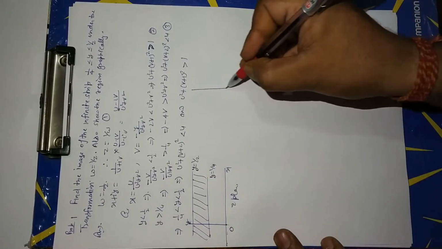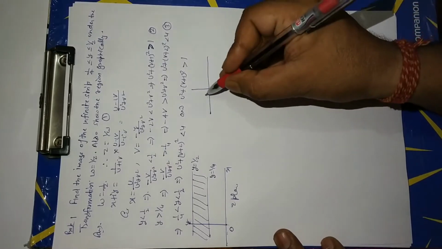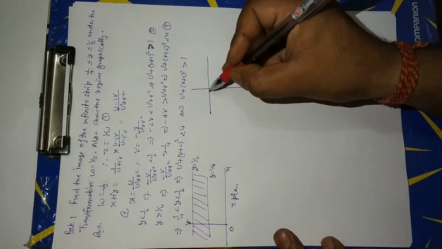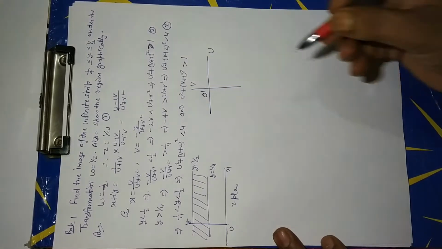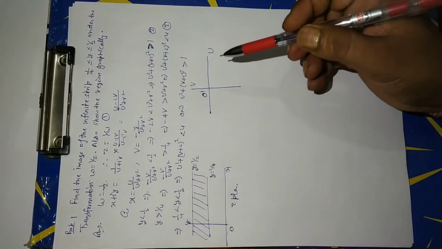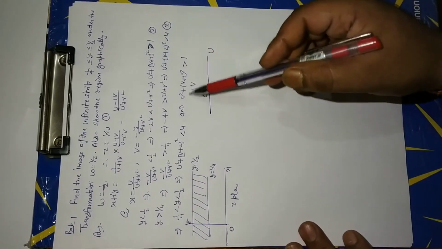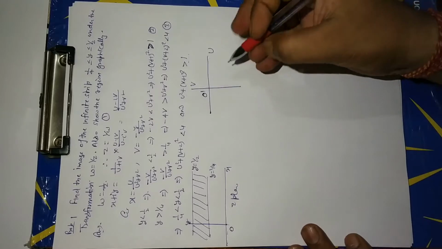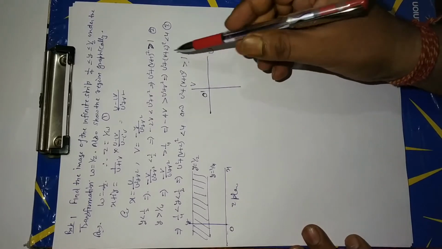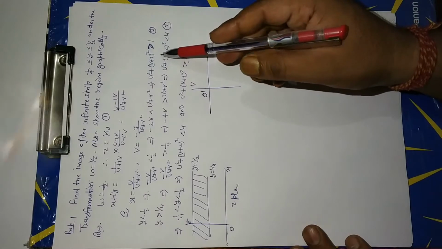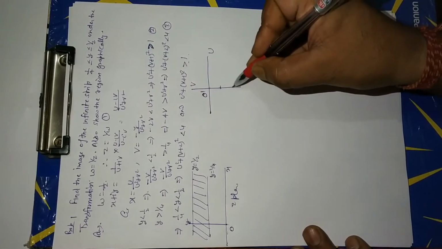But in the w plane, this is the origin, u and v axes. Now the position of the first circle whose center is 0, minus 1 and radius 1. Now this is equal to 1, or this is equal to 2.